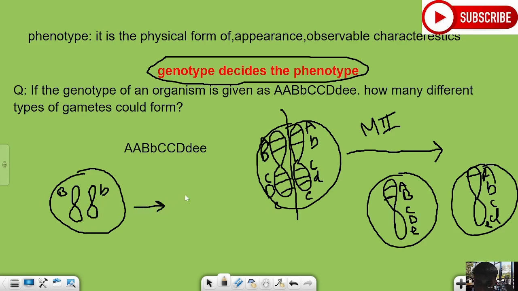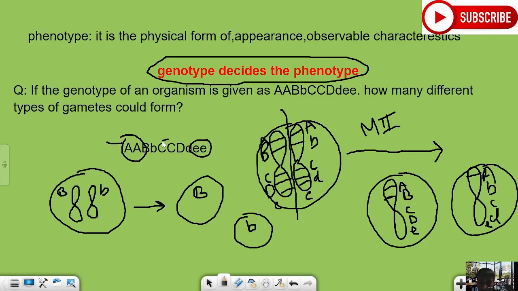After meiosis, one cell will be containing capital B and the other will be containing small b. So two different gametes have been formed. That is what is being asked in the question. It is not the number of gametes formed, it is the number of types of gametes. So here there will be no different gametes, here no different gametes, here no different gametes. Here two different gametes will be formed, and here two different gametes will be formed. So 2 raised to 2 is equal to 4.